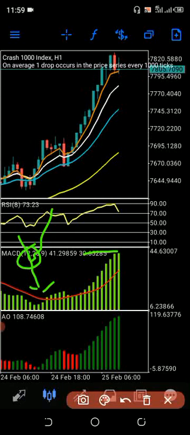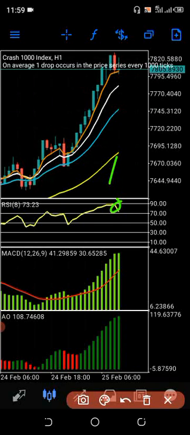Here, this thing touched the 90 level, yet it has not spiked the way it's supposed to. How do you know that the market is coming to your direction?